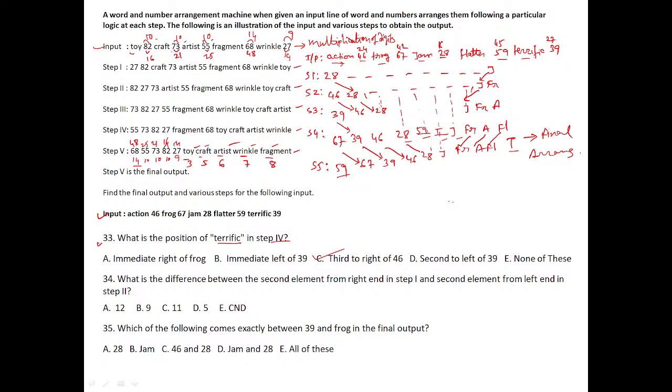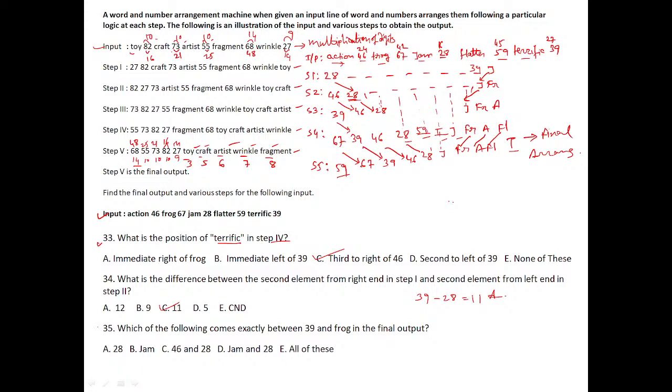So here only J gets arranged in step 1, so 39 would be here, right? So 39 from step 1, and we have to calculate the difference. Second element from the left hand in step 2 is already there, 28. So we have to take the difference here, 39 minus 28, which gives us 11, which is the answer here. So option C is the desired choice here.